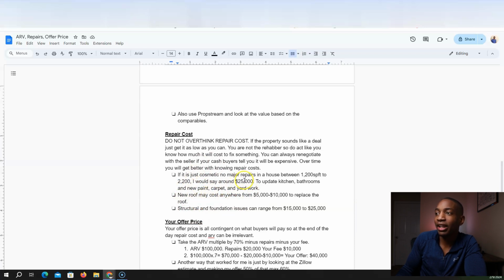If it's just cosmetic, I don't know if it'll be 25. It may be closer to 45,000. Flooring I think is closer to 1,200 to 2,200. New roofs may cost anywhere from 5,000 to 10,000 to repair. Structural foundation 15,000 to 25,000.